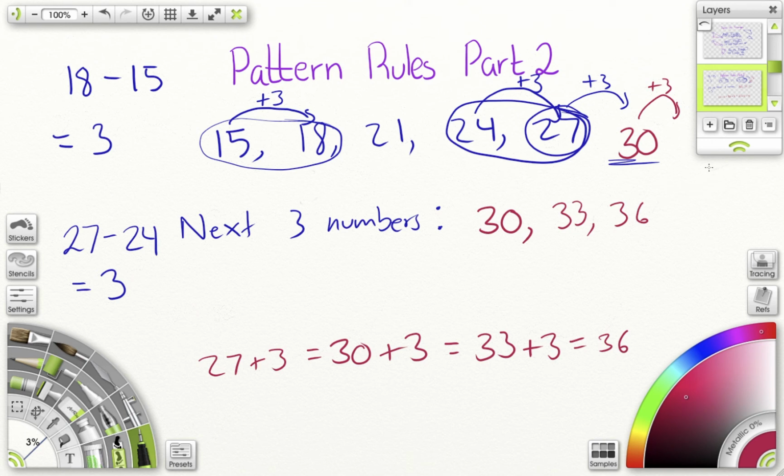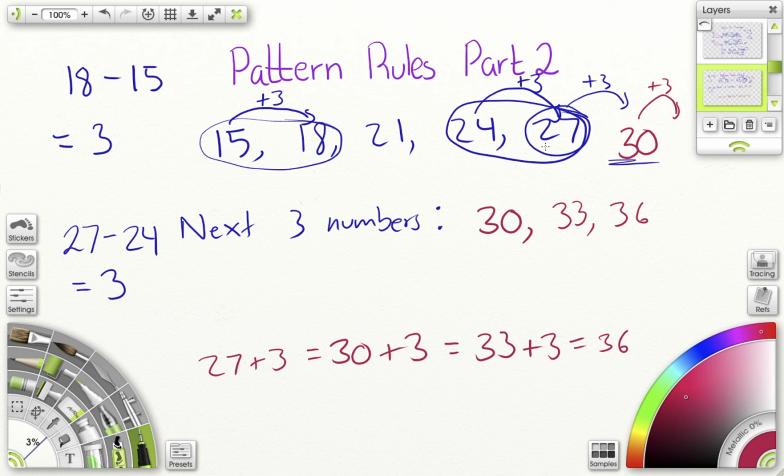You need to remember that whenever you're doing this, you add it to the previous number. So I got 33, I need to add 3 to 33. Because if I just add it to 30, or if I just add it to 27, it's going to give me the wrong answer. So you have to take each number that came before and add to that one, instead of using the original number that you were working with. So you're going in order.